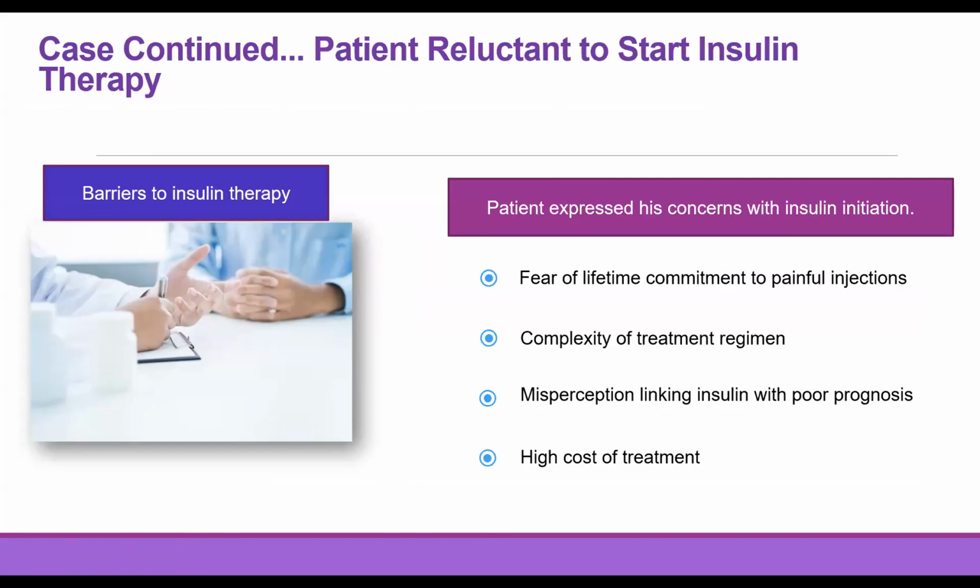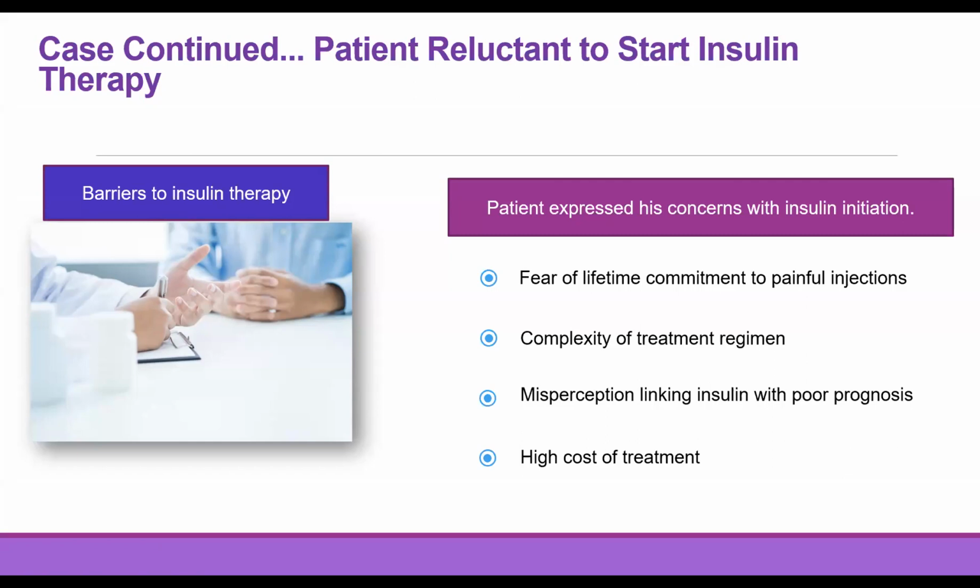So the complexity of the treatment regime is also an important issue in the mind of the patient. But as I've told you, insulin therapy is not very complex. You just start with basal insulin. Do not make it very complex. Start basal insulin, gradually up-titrate, and the possibility of hypoglycemia is very, very low.